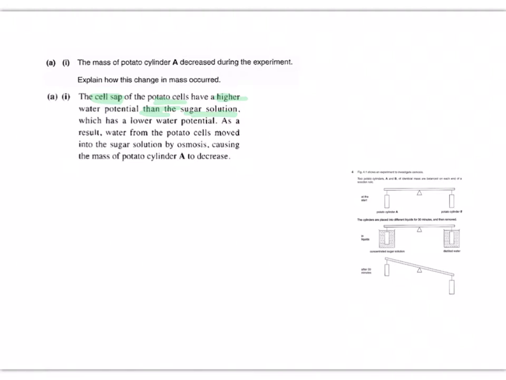Okay, as a result, there's a net movement of water molecules. I'm just going to add that. Net movement of water molecules. Okay, I'm just going to type it out, it's faster.